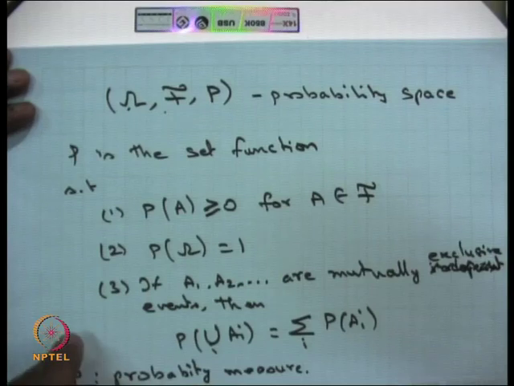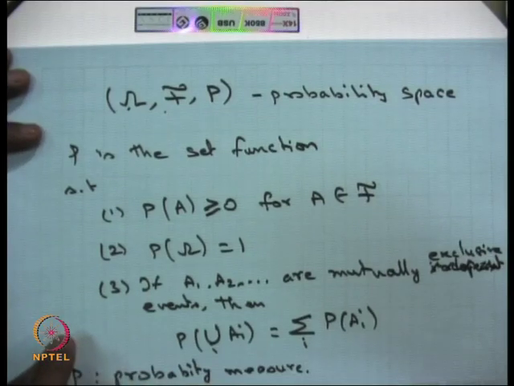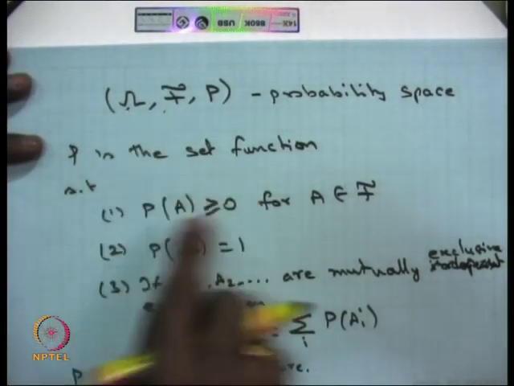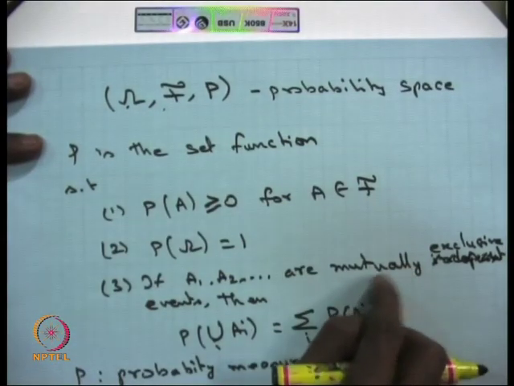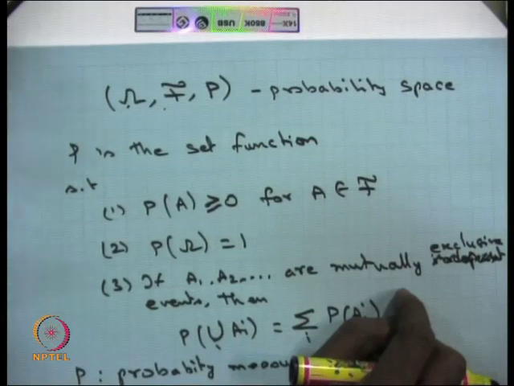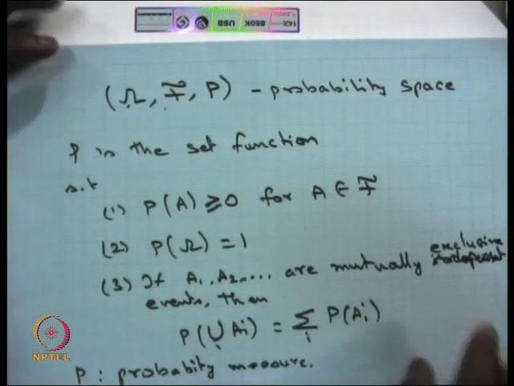You should note that the classical approach is a special case of the axiomatic approach, in which the collection of possible outcomes are equally likely. Therefore, throughout our course we are going to use the axiomatic approach, not the classical approach.